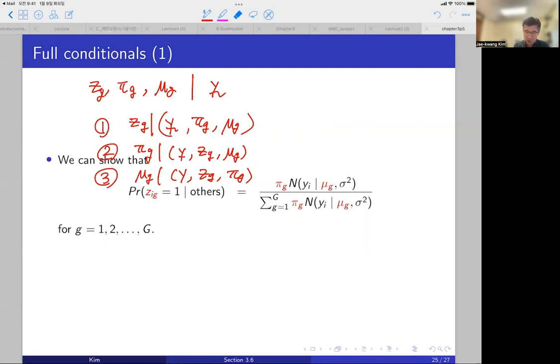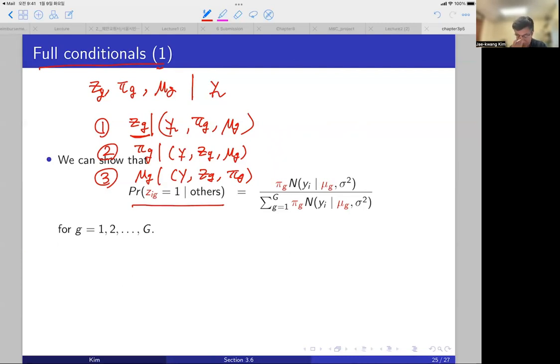That is the data augmentation algorithm that we want to apply to this mixture model. The first full conditional model is about this one. What is the conditional distribution of z? We already know that z is either 1 or 0.